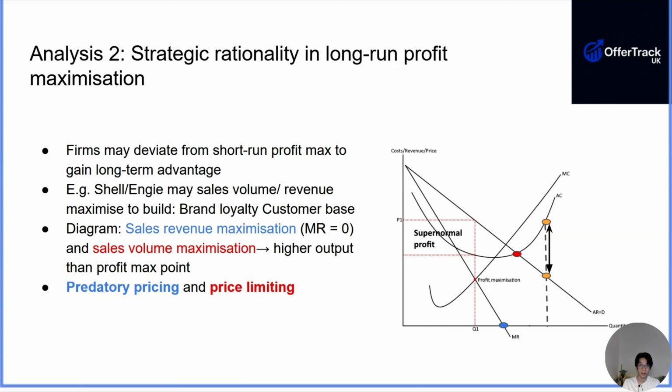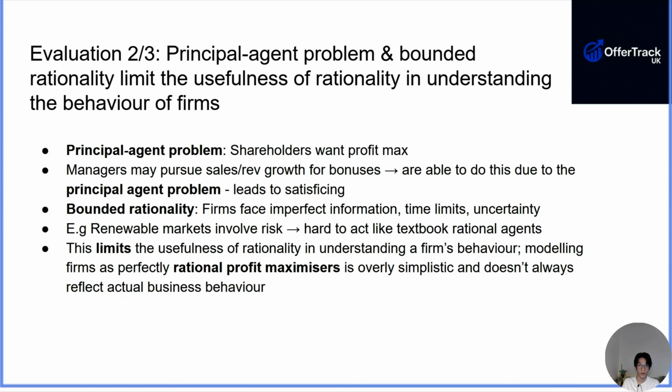So again, rationality helps us understand the behavior of firms. But let's evaluate that. First, the principal agent problem. Rationality assumes that firms are united in their objectives, but in real life, they're not. The owners and shareholders might want to profit maximize, but the managers, the people actually making decisions, might want different things like sales growth or higher market share because it boosts their bonuses or job security.